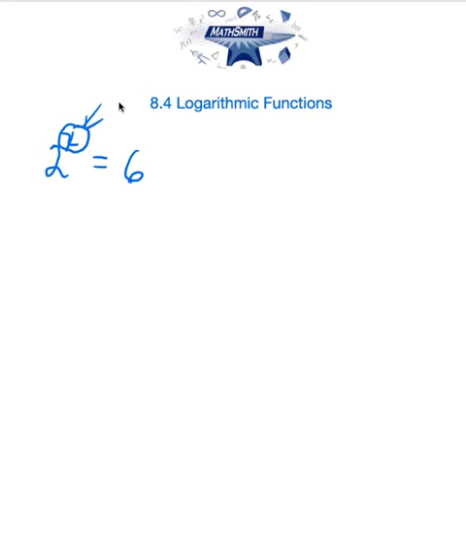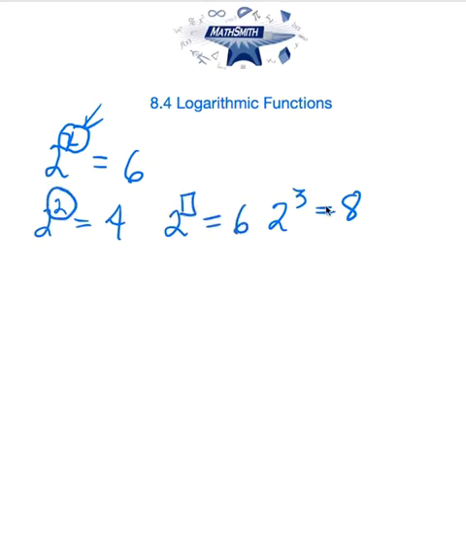Because how would you do this right now? Right now, you could say, well, I know 2 to the second is equal to 4, and 2 to the third is equal to 8. So 2 to some power is equal to 6, and that's going to be a power between 2 and 3. But without having some mechanism for actually solving for x, it's really hard to figure out what that is.